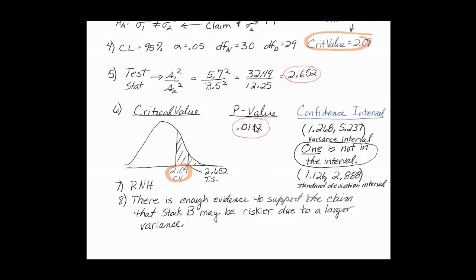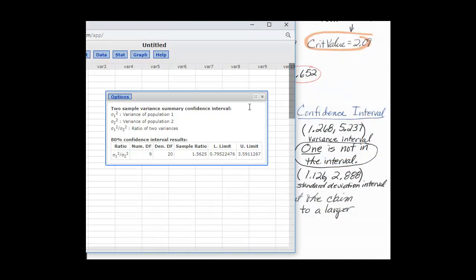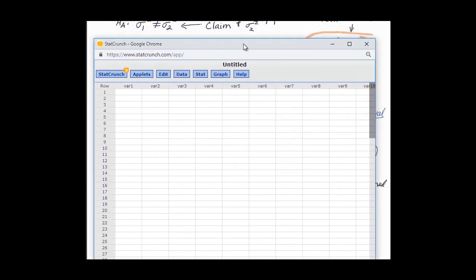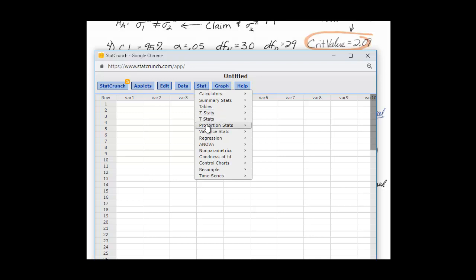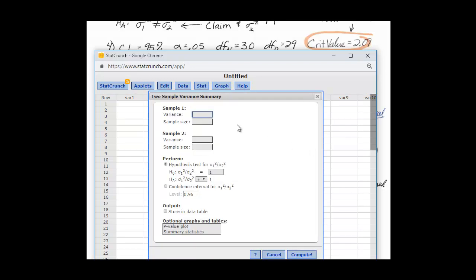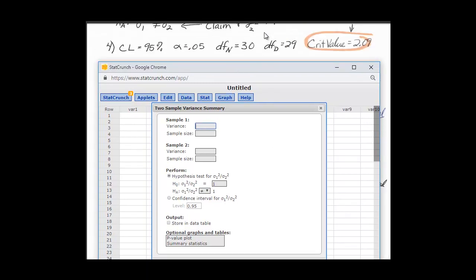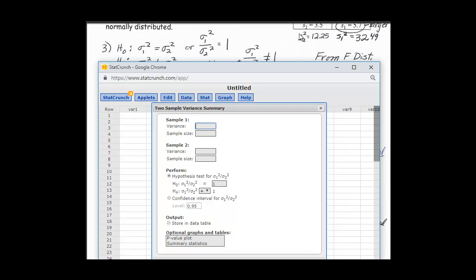Again, I'm going to have to go to StatCrunch to do the p-value. I'm going to have to close out my last problem. But again, I'm going to go to Stat, Variance Statistic, to Sample with Summary. Now I need to put in the variances, not the standard deviations.